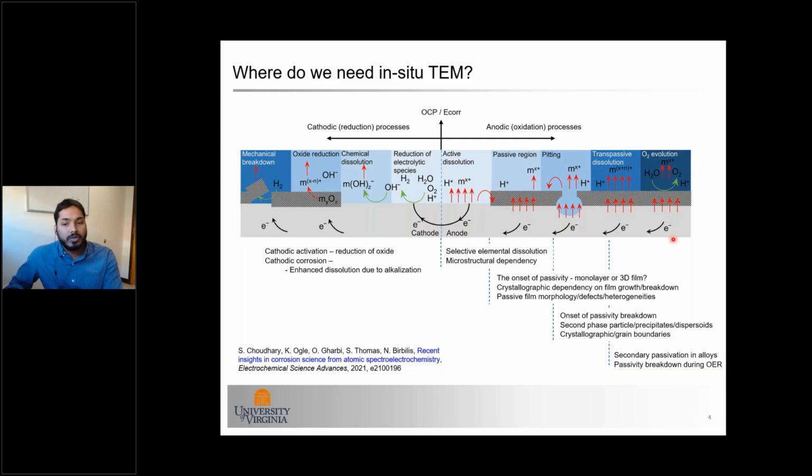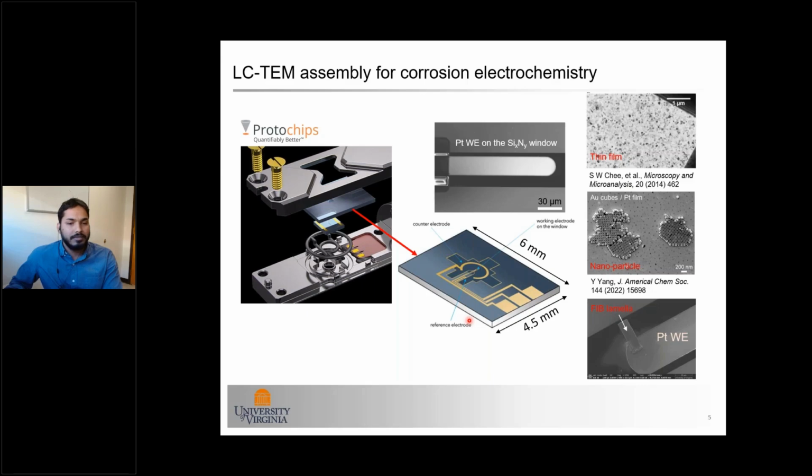But when it comes to nanoscale phenomenon, for example, the selective elemental dissolution or onset of passivity or passivity breakdown, all of the mechanisms proposed to date need experimental validation, and that is where in-situ TEM comes into the picture.